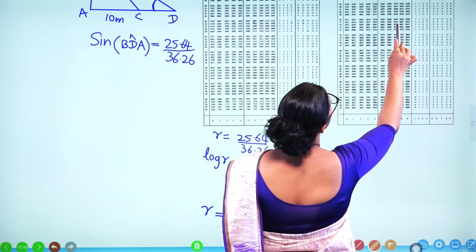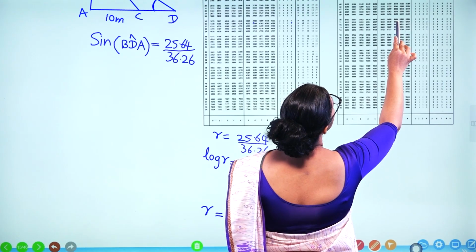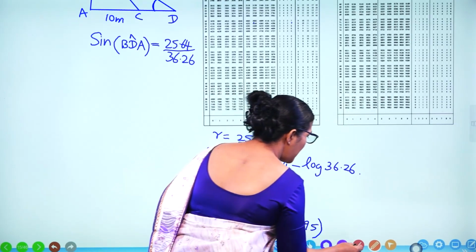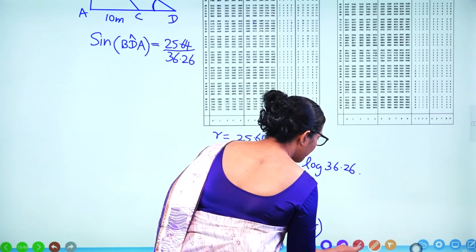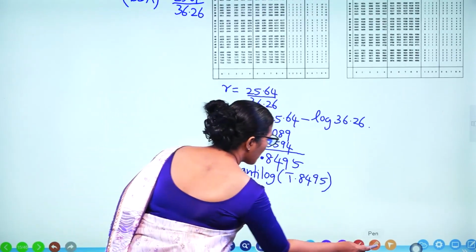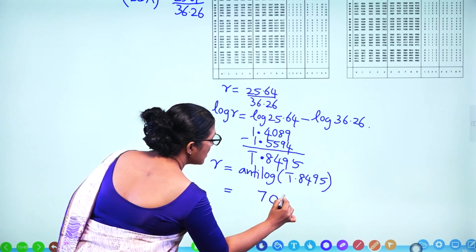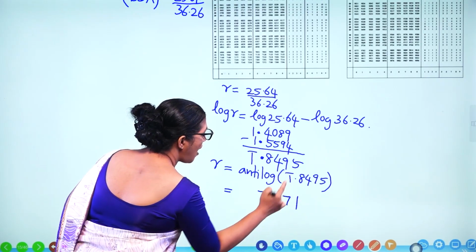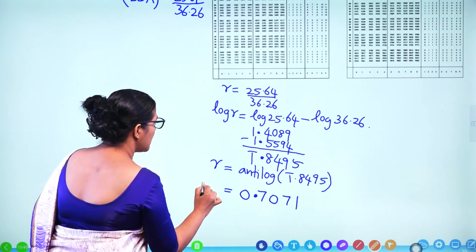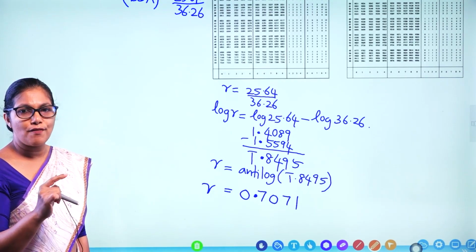8494 is there. 77 and 1. 70, 71. And bar 1 means, so this is 0.7071.